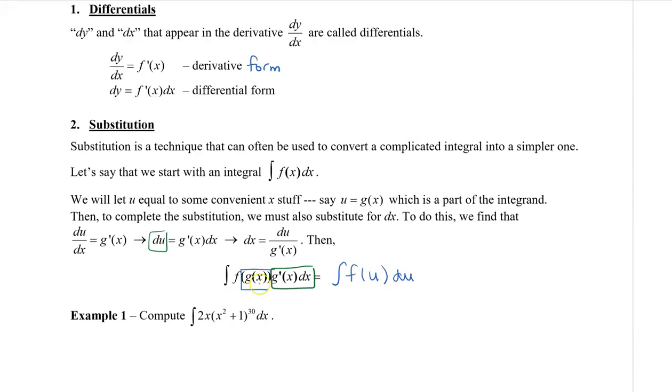Now you might be wondering where we got this f of g of x times g prime of x in the first place. But let's say that we were taking the derivative of f of g of x. So we have to apply the chain rule. So remember, first we would find the derivative of f. So that would be f, and we use a capital F, of g of x.